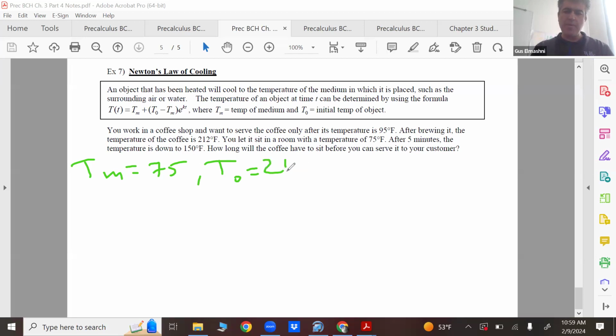T of 5, capital T, that's function notation by the way, equals 150. And little t is 5.